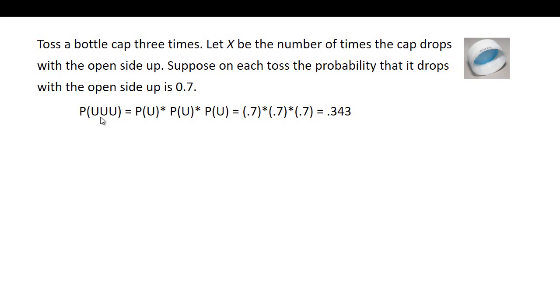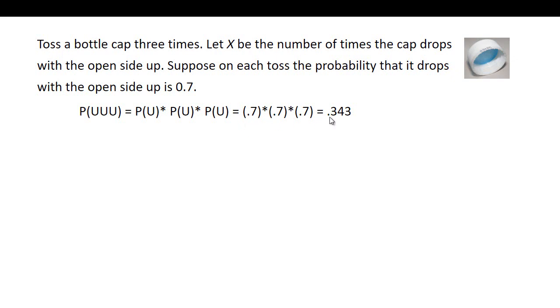So notice that U here represents that the open side is up, and so the probability that in three tosses the bottle cap will drop with open side up is the following: P of U times the probability of U times the probability of U, because the tosses are independent, and each time the probability is 0.7.